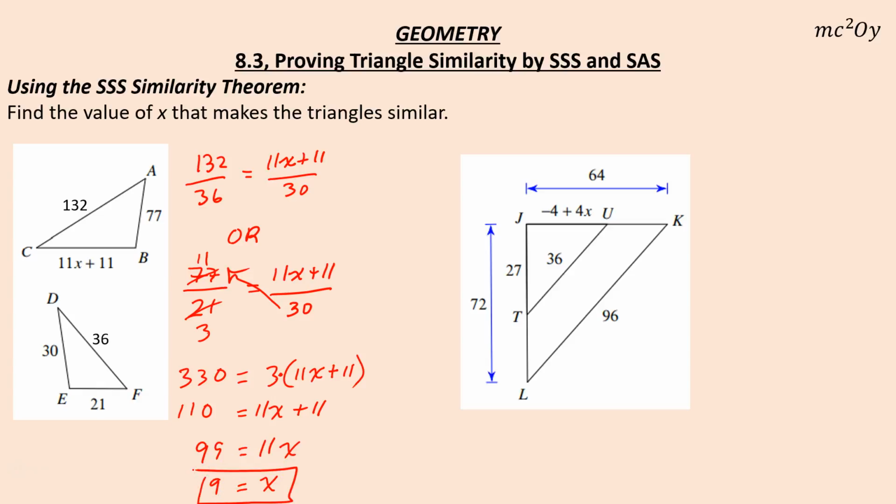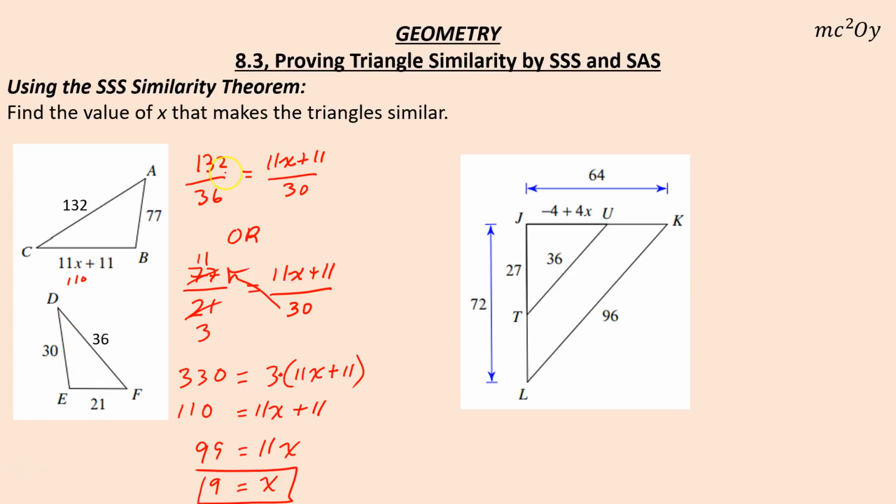All right. So x would have to be 9. You can double check it. You get 99 plus 11 or 110 here. And then if you compared all 3 of your ratios, you should get that 11/3, right? 110 over 30, that would be 11/3. You cancel your zeros.